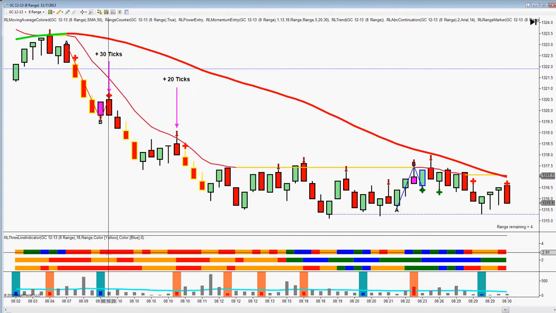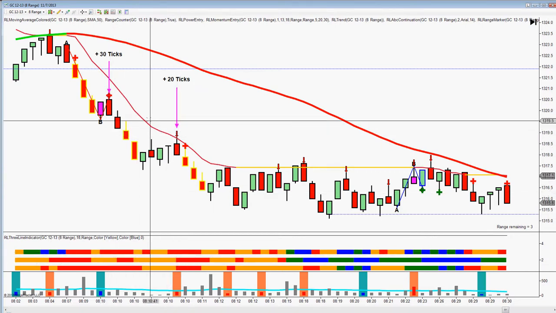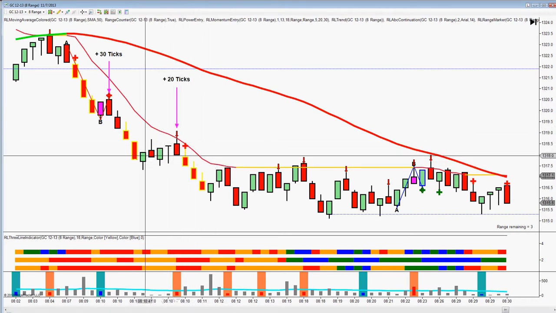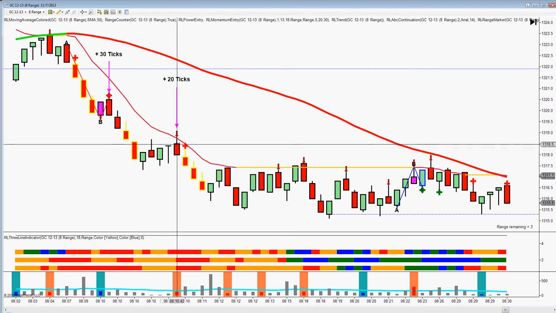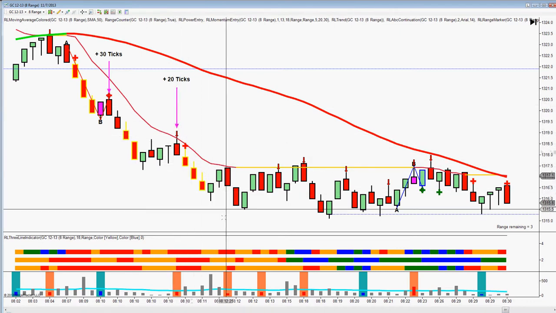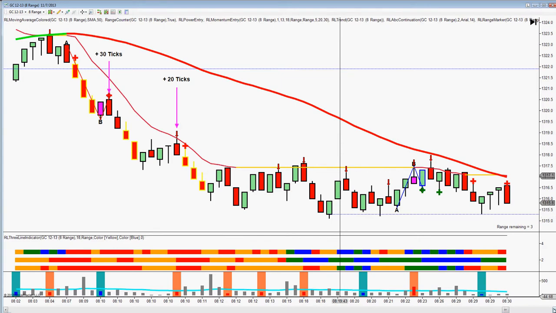Order flow, stochastic, momentum, orange or red, 30 ticks. Comes back up, power entry, intact downtrend. Gorgeous setup. Nice retracement back into the 15, power entry down, 20 ticks. We're up 50 ticks.